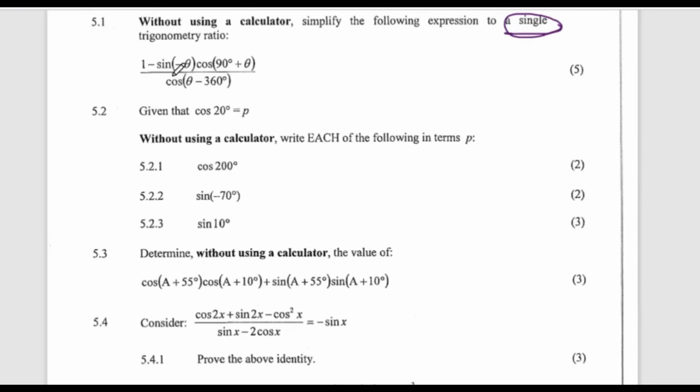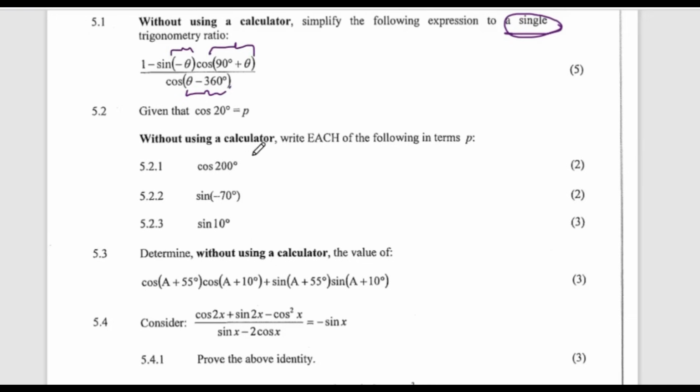So I have 1 minus sin(-θ) cos(90° + θ) and cos(θ - 360°). What do I see? I can see some element of complementary angles. I can see a reduction part given this. So if I can play around with that, then I'm good to go.